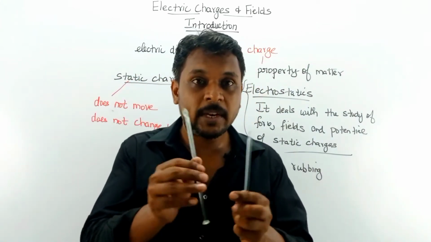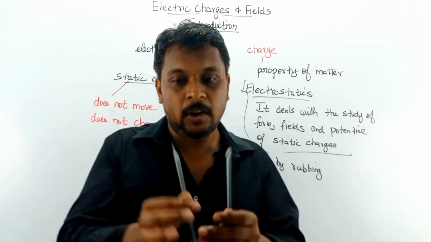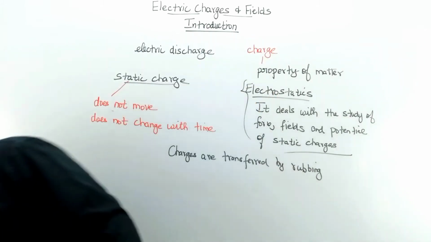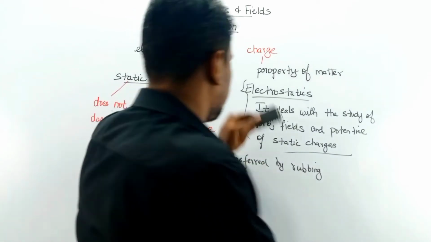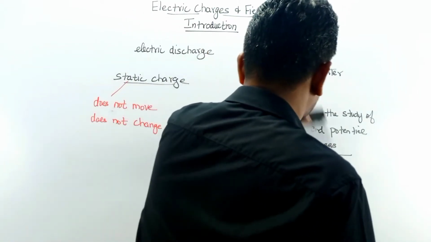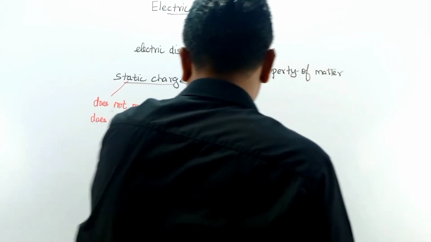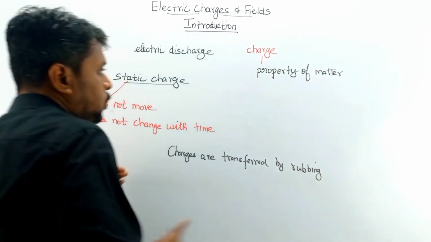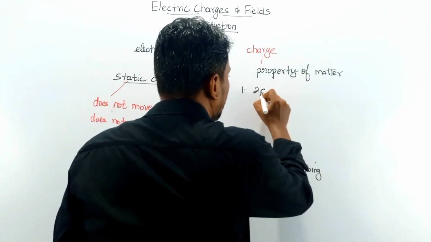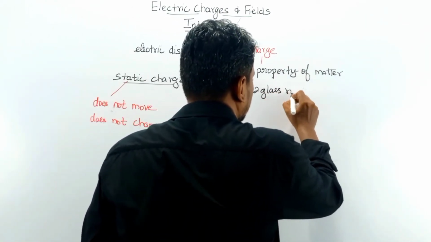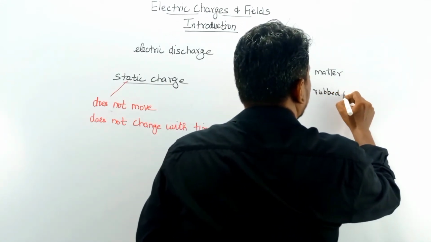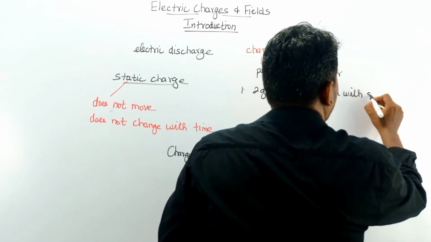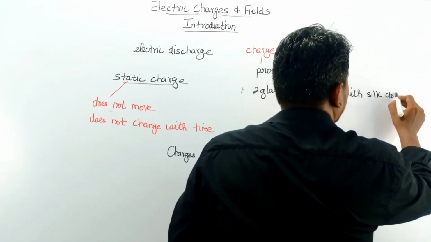So what happens when two glass rods are rubbed with silk cloth? That is one phenomenon. I will write it here. First phenomenon: two glass rods rubbed with silk cloth.